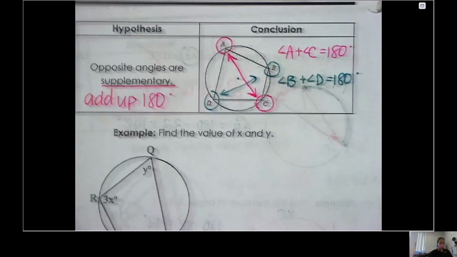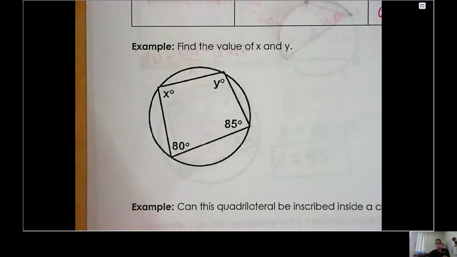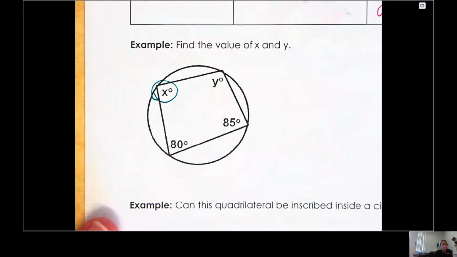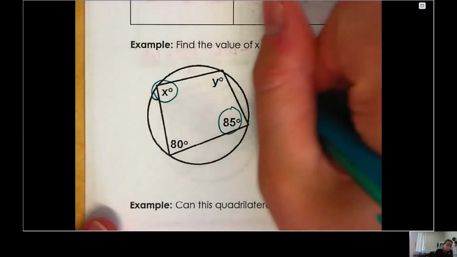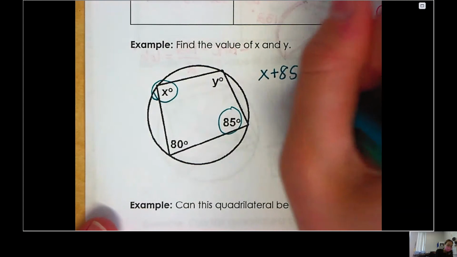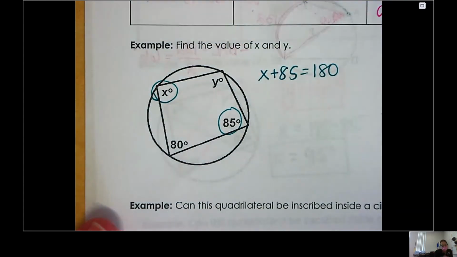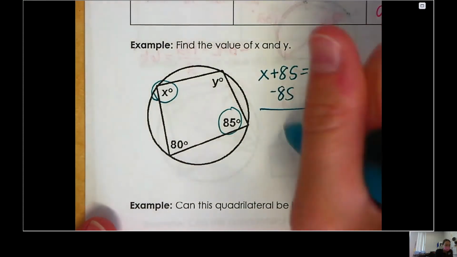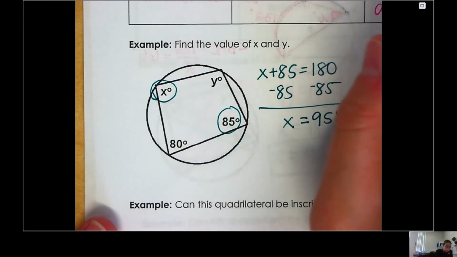Two quick ones. First one says, find the value of x and y. So which one is opposite angle x? 85. So x plus 85 should give you 180. What are you really doing? Just subtraction. So you get x equals 95 degrees.